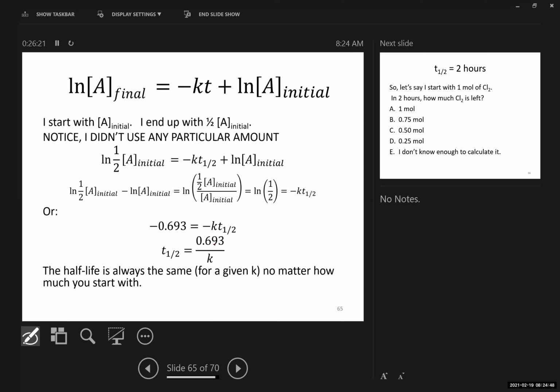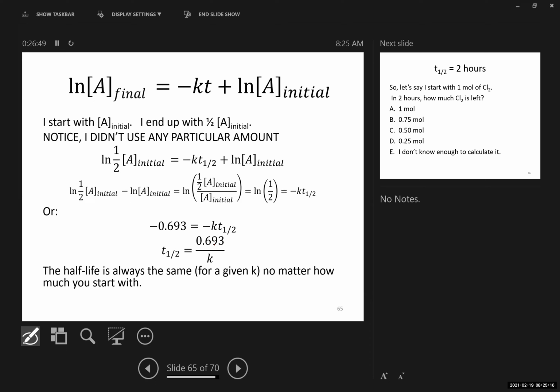If I start with 1 molar, the time it takes to get to a half is exactly the same as the time it takes to get to half of a half, which is a quarter. And once I'm at a quarter, it takes exactly the same amount of time to get to half of that, which is an eighth. So you have very fixed time intervals during which you're always losing half, no matter what you started with.